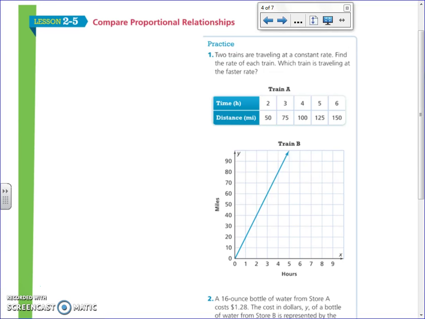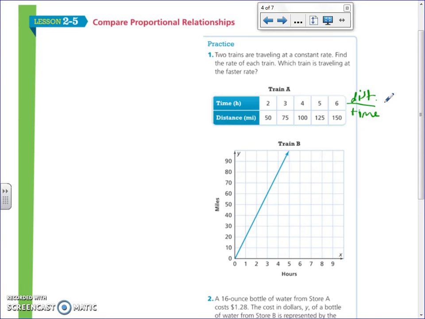So for train A, in 2 hours they went 50 miles, in 3 hours, 75, in 4 hours, 100, in 5 hours, 125, and so on. Okay, so we're going to be dividing our distance by our time here to find our constant rate of change or our unit rate.